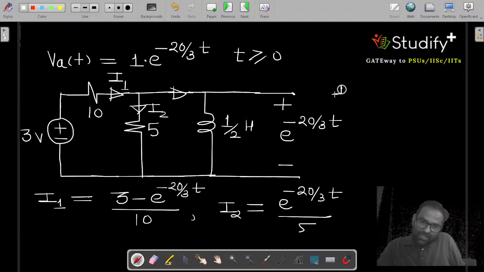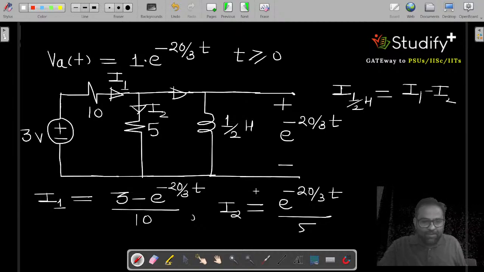So the current across half Henry inductor is given by I1 minus I2. And if you find I1 minus I2 at t equal to 0, this value must be 0. 3 minus 1 is 2, 2 divided by 10 is 1 by 5, and minus 1 by 5 plus 1 by 5 is cancelled.